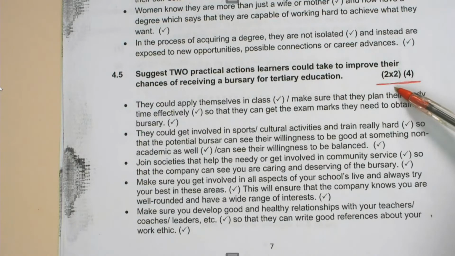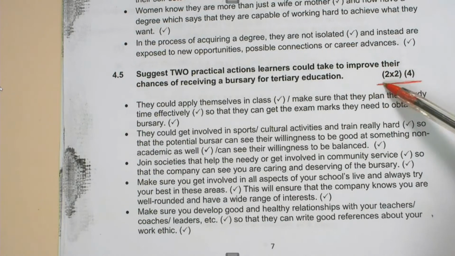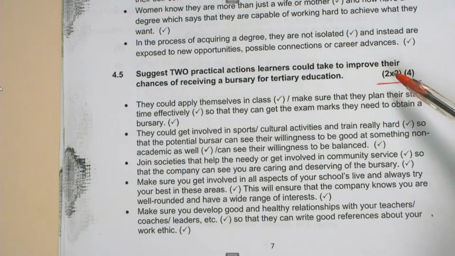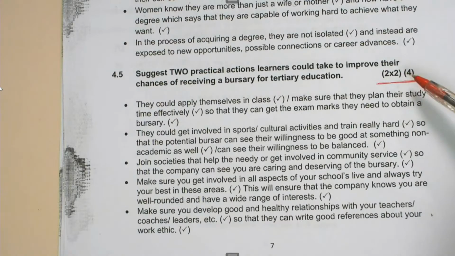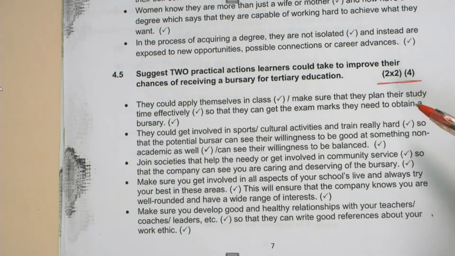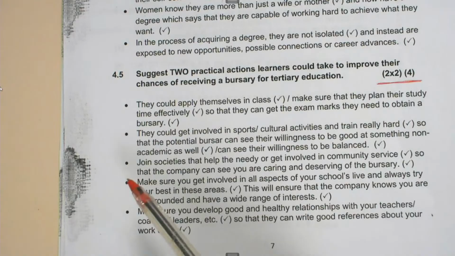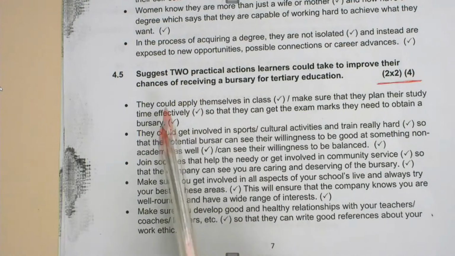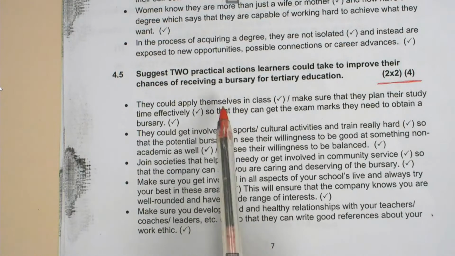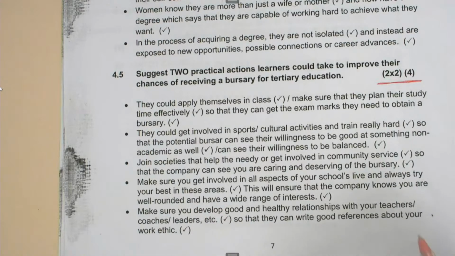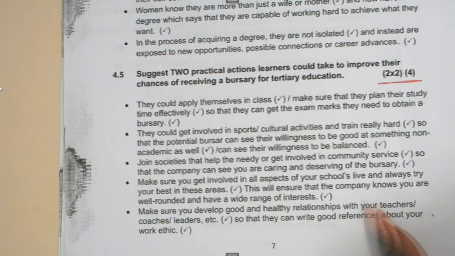With that mark allocation, it means we only need two responses with the practical actions so that we get full 4 marks. Award learners when they have written well responses, because sometimes our learners are lazy to write. But if you see that there is somewhere that you can correct them, please correct them so that they know that next time they give well explained responses.